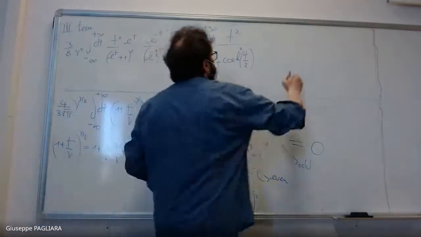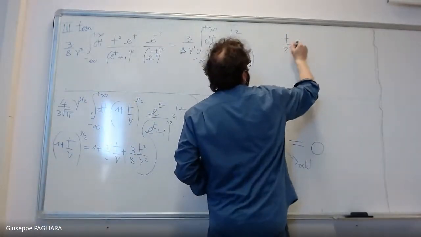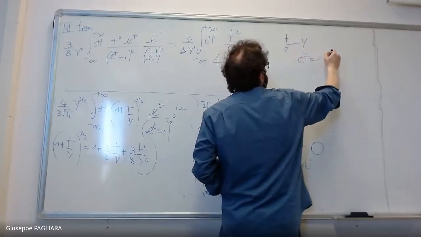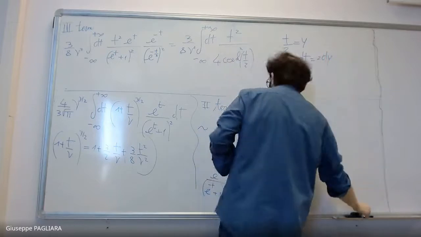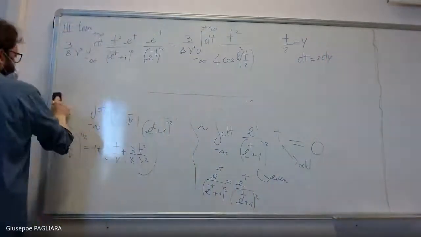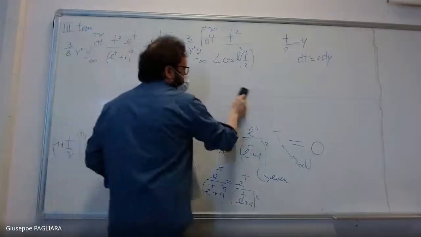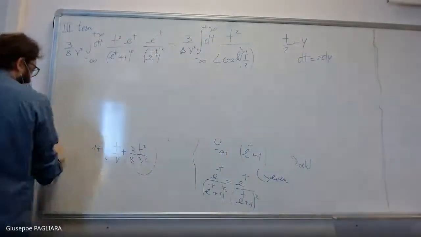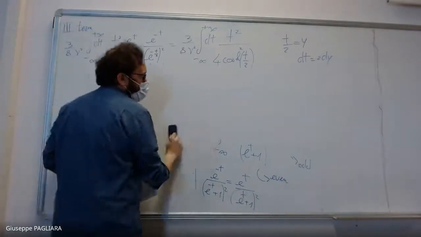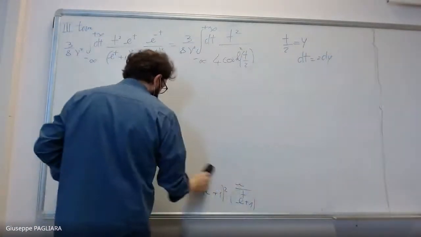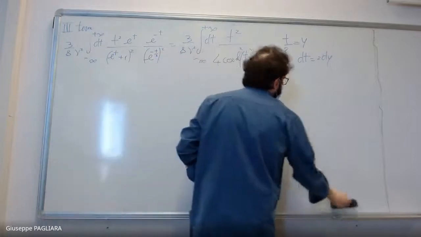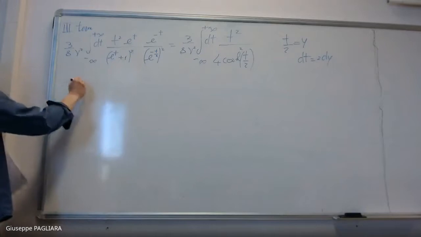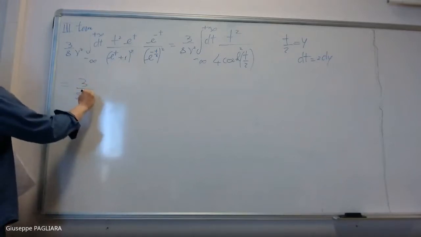Okay, so now I'm doing the integral, and I'm not going to compute this, dt equal to dy. I'll just tell you the result. So this is 3/8 mu squared.